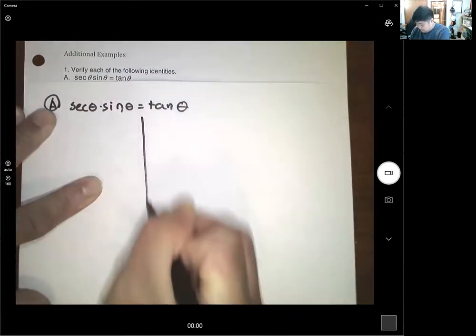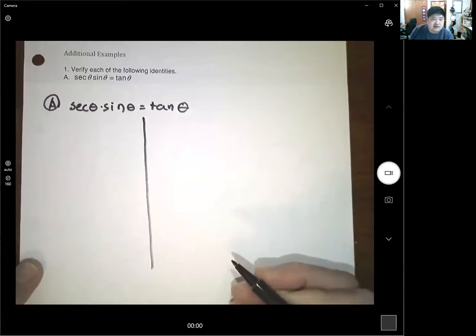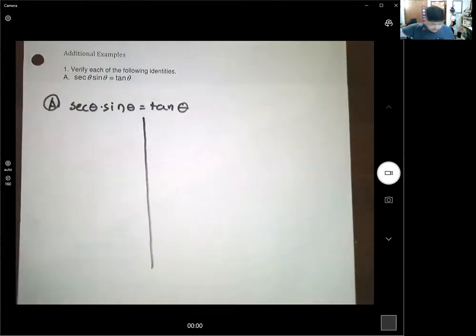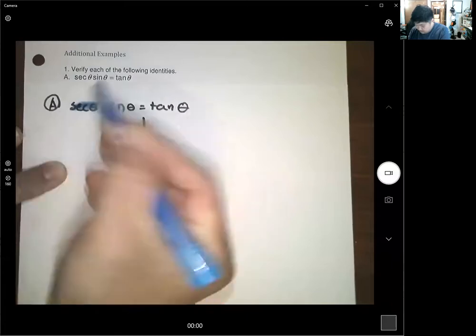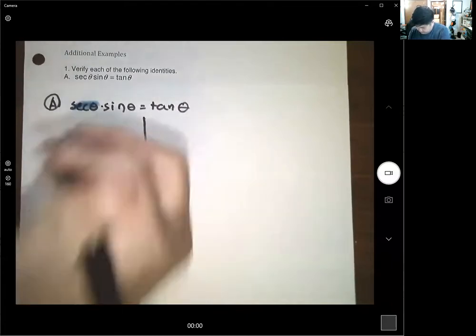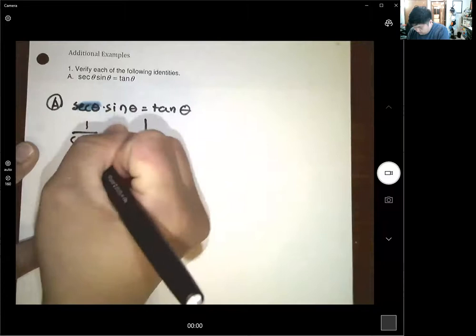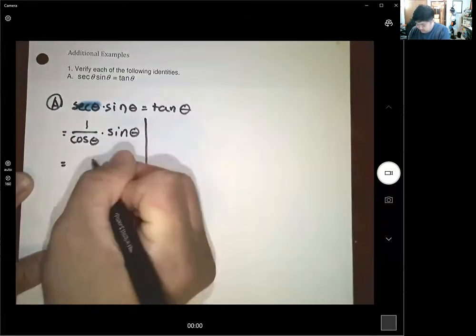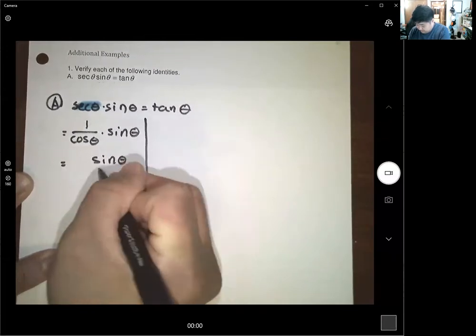I'm going to draw a line right down the middle and pick one side to work on. I will remember that one of the common strategies for verifying trigonometric identities is to change all of the functions to sines and cosines. So I'm going to rewrite secant of theta as 1 over cosine of theta, times sine of theta, over cosine of theta.